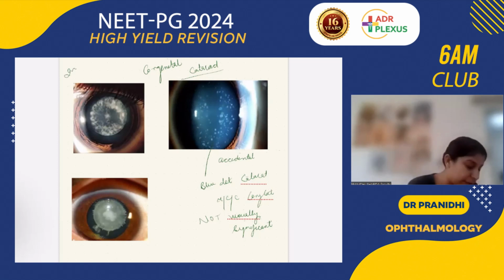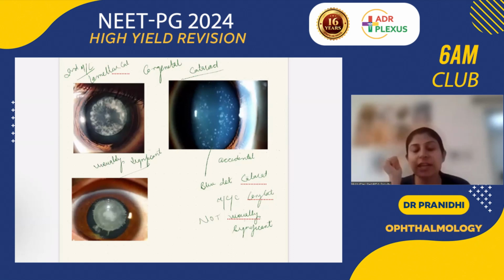But the second most common cause of congenital cataract, the lamellar cataract, is visually significant. So we can have two one-liners: the most common congenital cataract is the blue dot cataract, and the most common visually significant congenital cataract is the lamellar cataract.